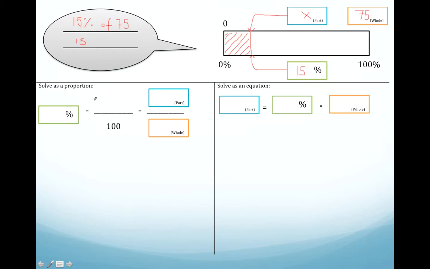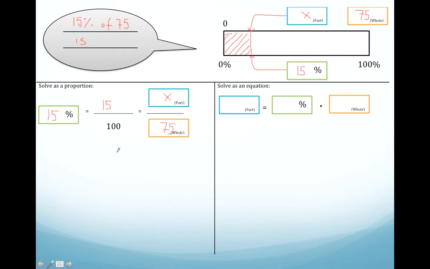Now let's think about how we can solve this. We will start from representing 15%, which is given as 15 out of 100. To create an equivalent ratio, we'll look at part and the whole. Part is x, whole is 75.